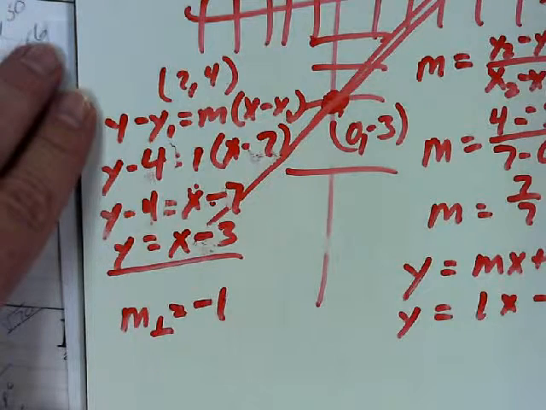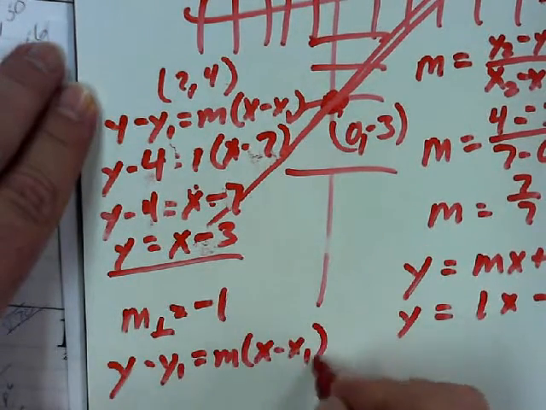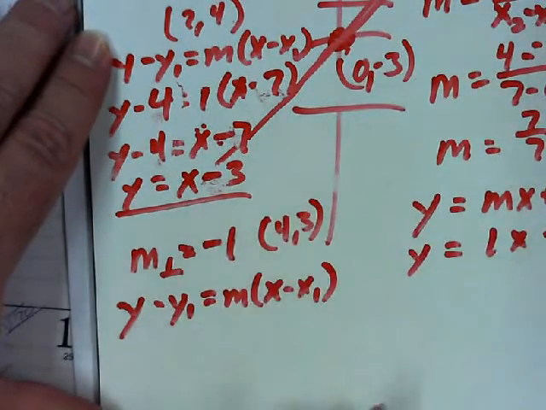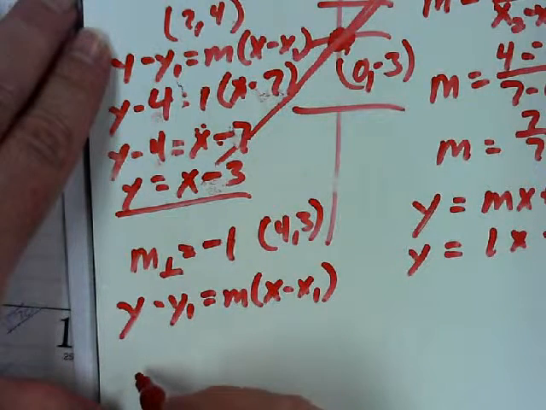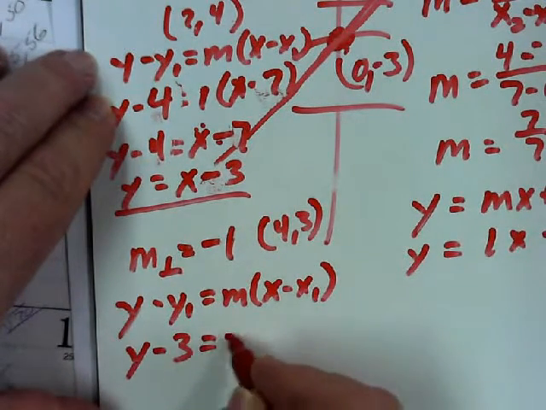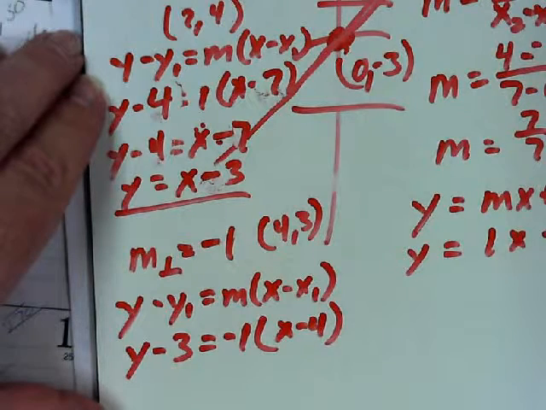How am I going to find the equation? y minus y1 equals... The point was (4, 3). Where am I going to substitute? Nope, it's just y minus 3. This is positive.